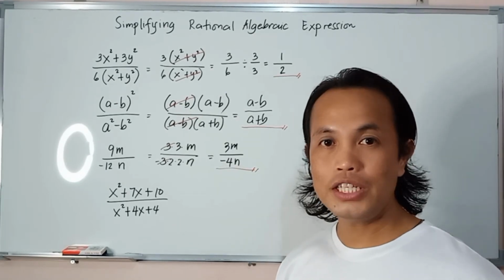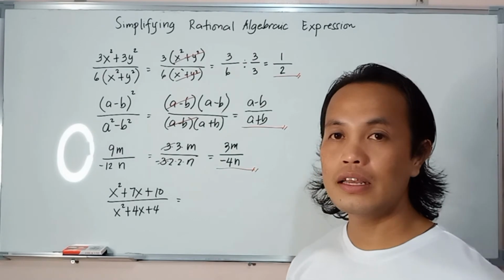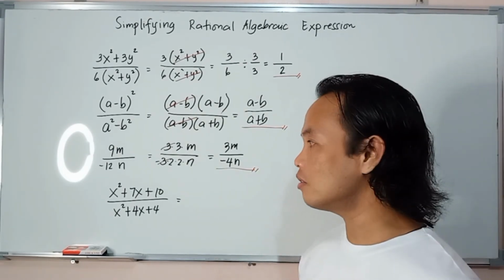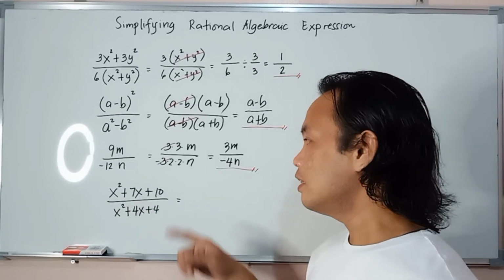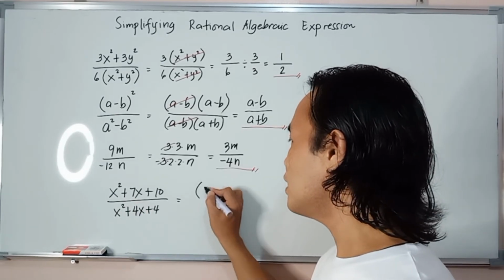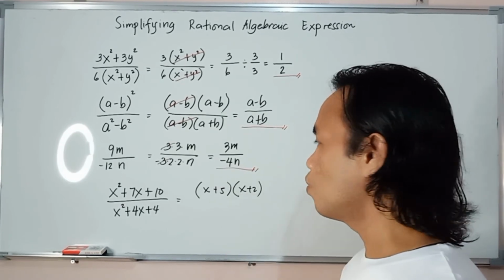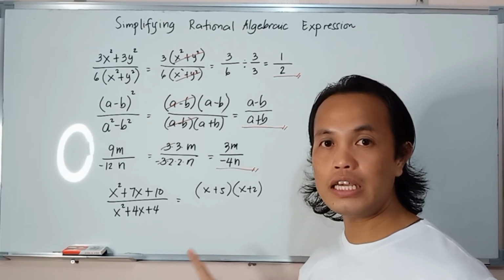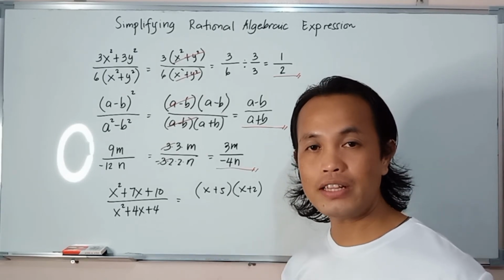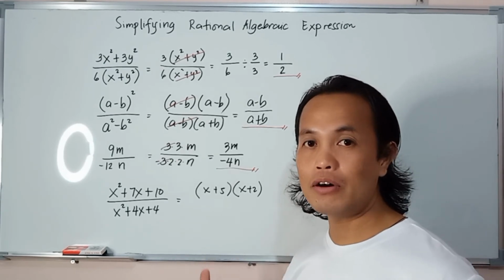Now let's proceed to our last example. In this case, the last example involves a trinomial. So we factor the quadratic trinomial x squared plus 7x plus 10. This can be factored by writing x plus 5 times x plus 2. Again, if you have difficulty in factoring, I have a separate video about factoring, so you can check that video so that you can relate to this topic.